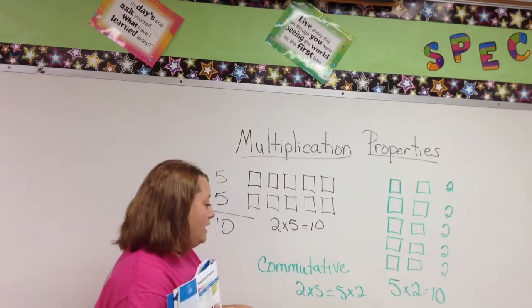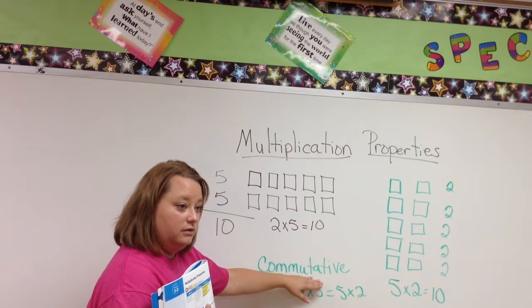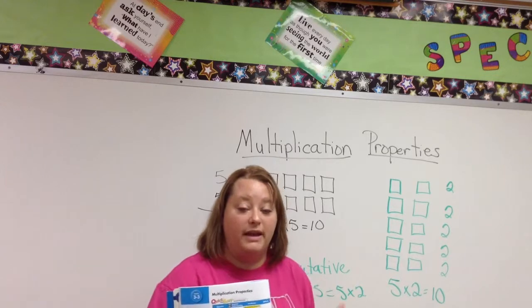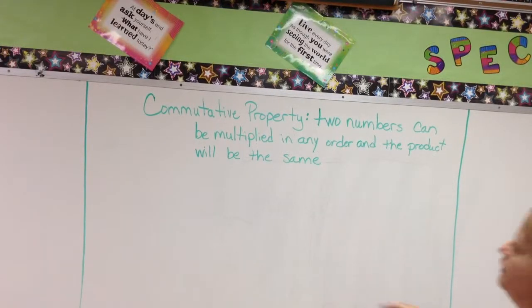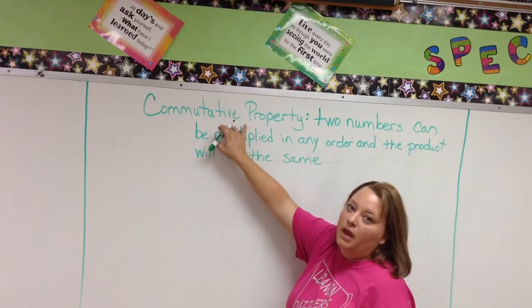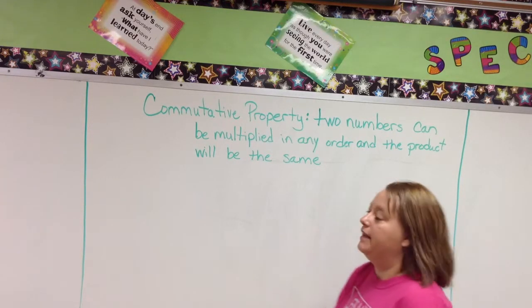I want you right now to write down commutative, and we're going to write the definition. Here is the definition of commutative property. I want you to write this definition in your notebook. You can push pause to write that down.